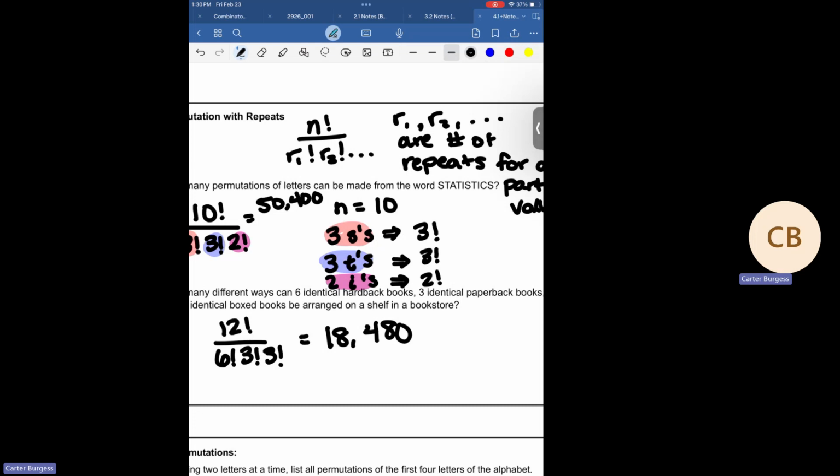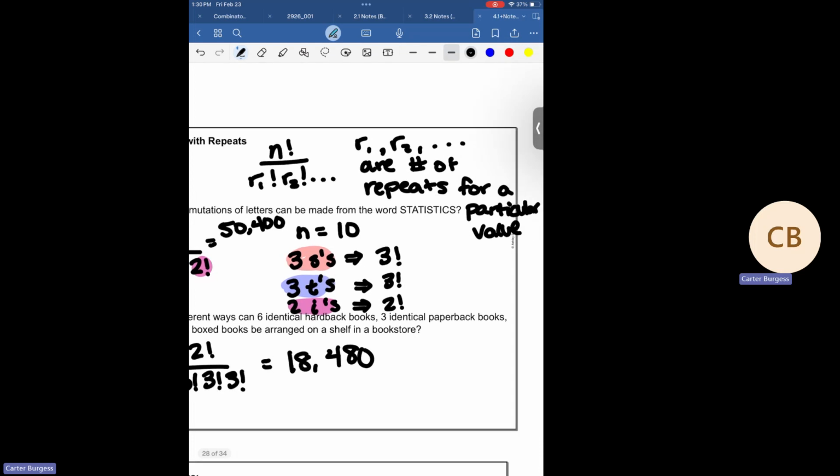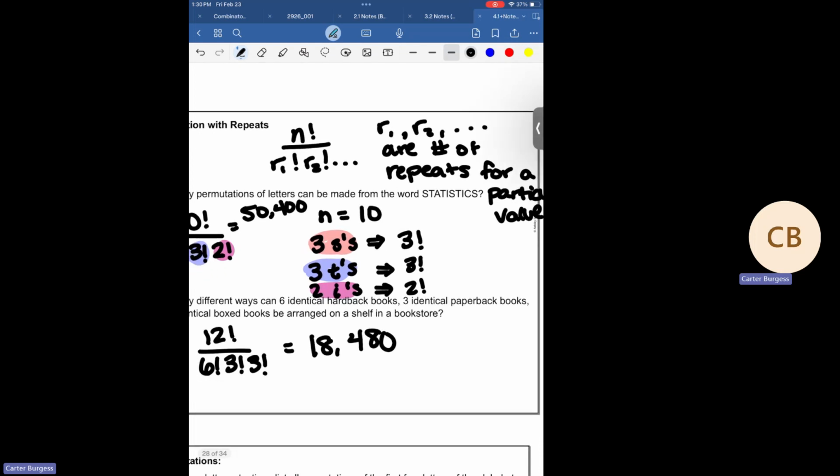Sure. Okay. So permutations are our way to count when the order of selection ends up mattering.